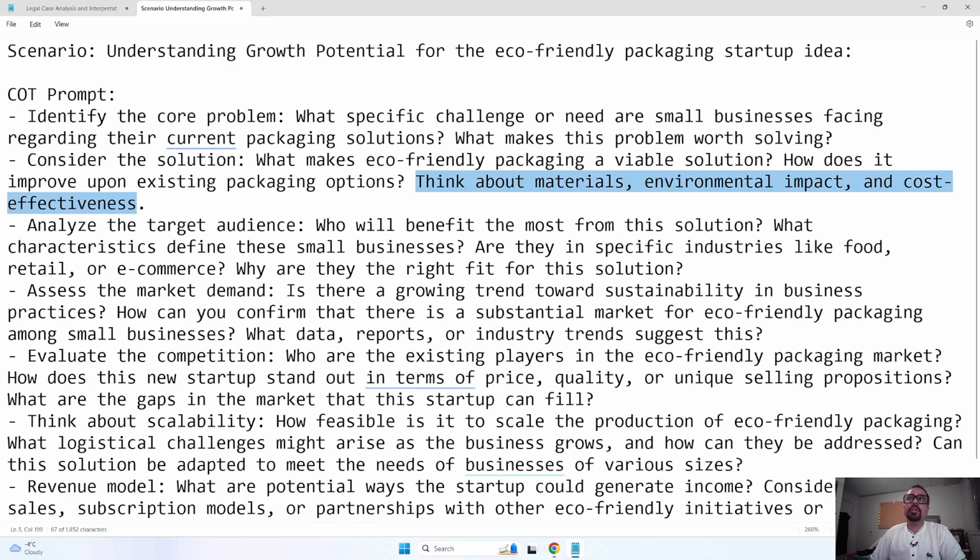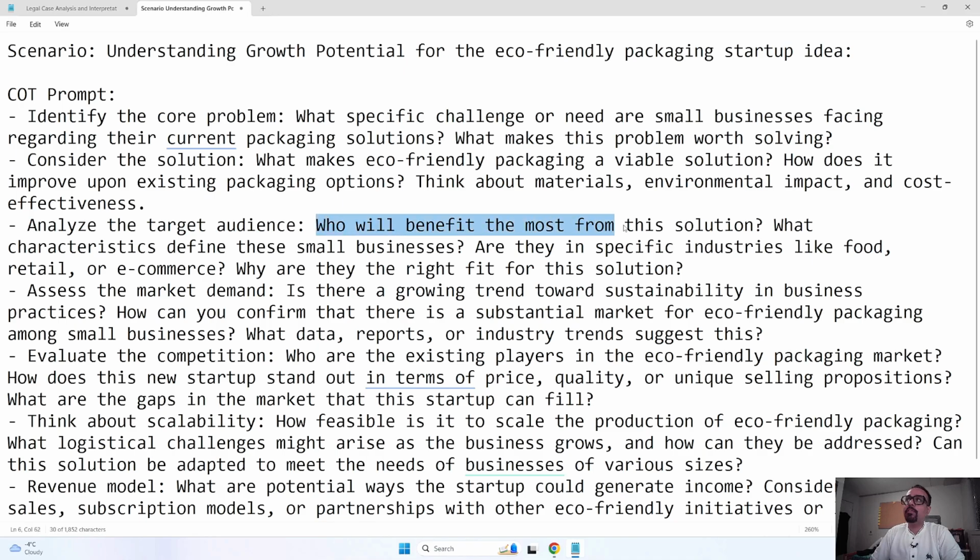So it is going to consider the solution based on the criteria that we have given. Third, analyze the target market. Now, once we have concluded what kind of product we are going to have, then we have to understand that the product that we are going to bring to market, do we have any target audience for that, or are we just doing it because we feel it's right? So over here we are checking that.